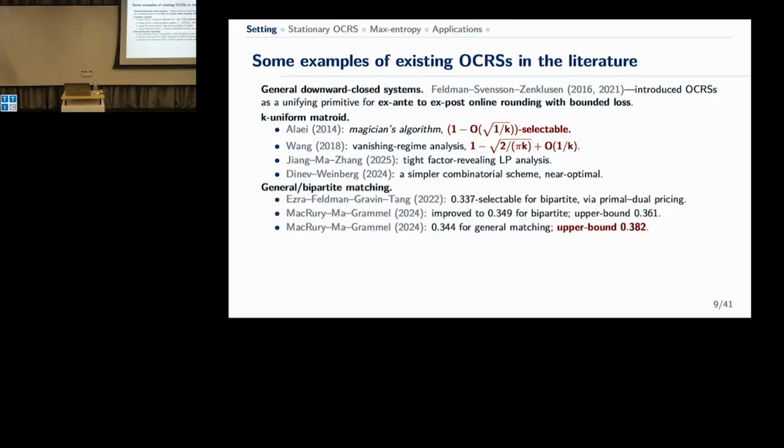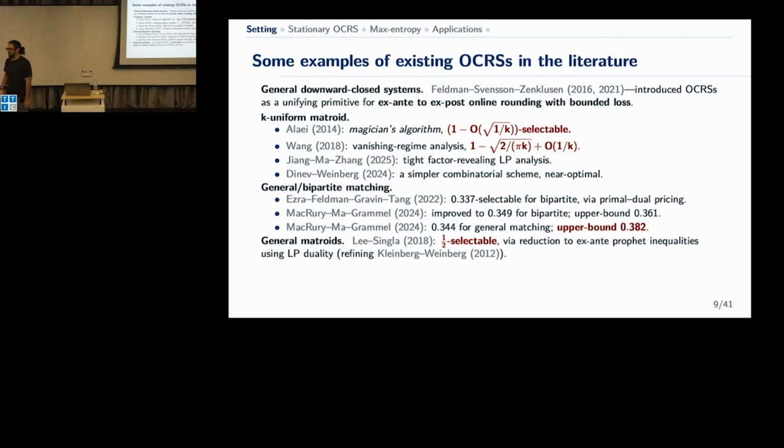You can think about, say, general or bipartite matching, when the feasible sets are edges of a graph, maybe a bipartite graph or a general graph, that form a matching. Almost any feasibility environment that I can think of has been studied. One last one, which is related to this talk: matroids have been studied.